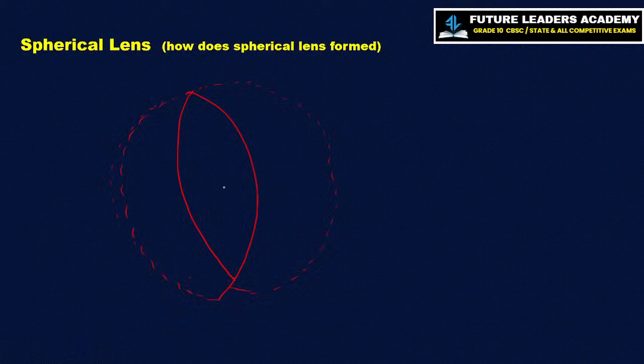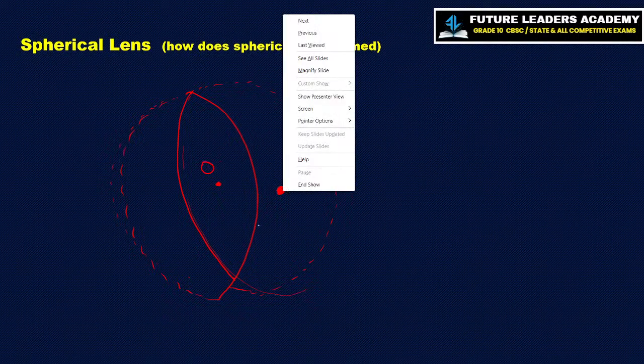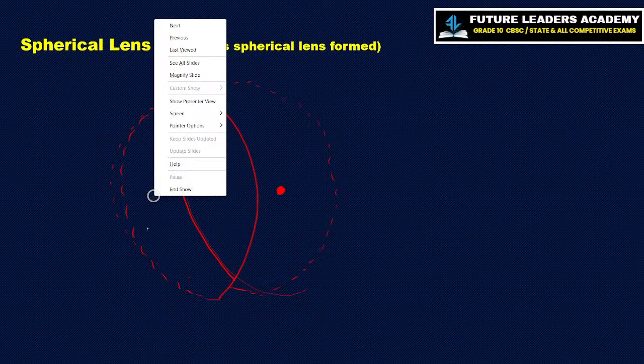Just consider this one has its center, which we will call O. For the other circle, I'll take the center here. Two centers.